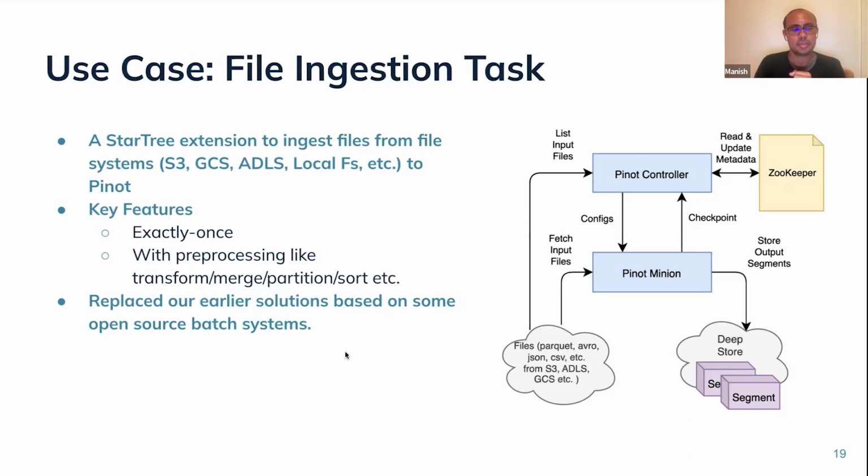And we replaced Spark with this file ingestion task. The file ingestion task is a generic task which can ingest from various different sources. So once you have this building block, you can use it to ingest from various sources with different formats.